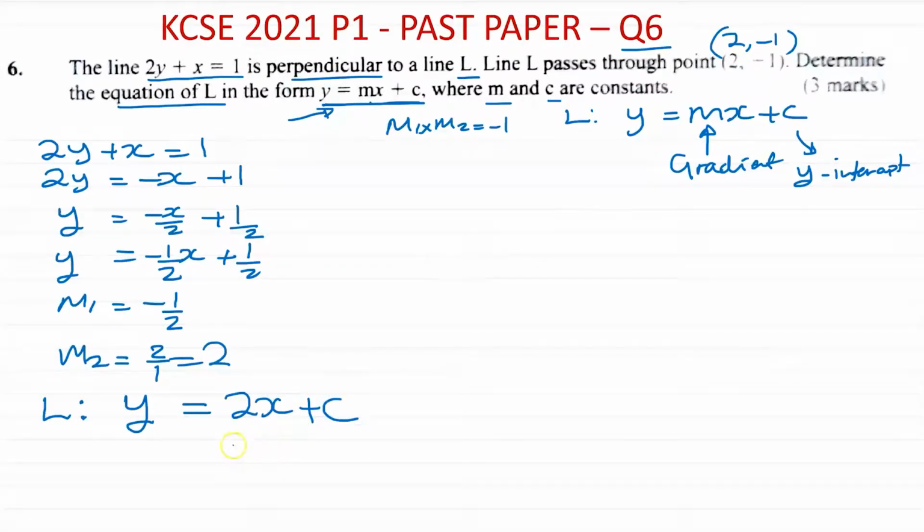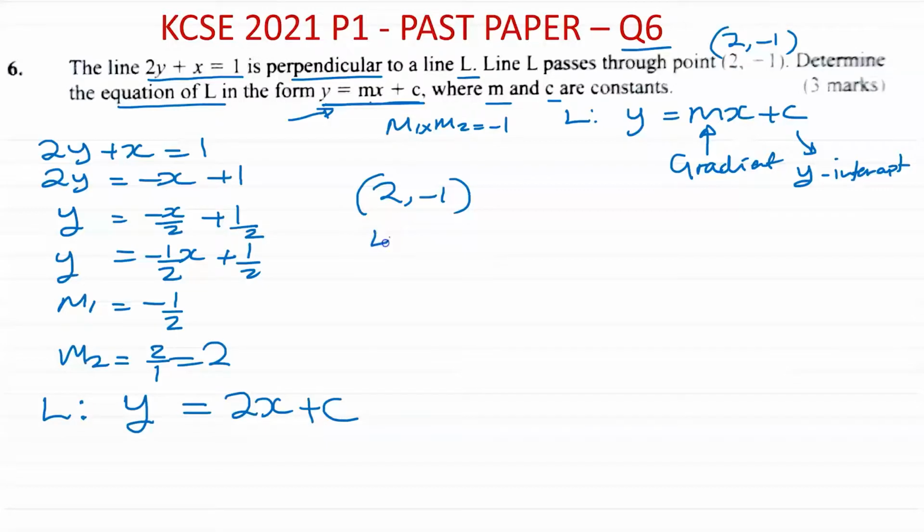Now remember, we were given this point over here. That's going to help us to find c. You just need to substitute those values in, and then you have one unknown. So I'm going to use the point that's given because line L is going through this point.